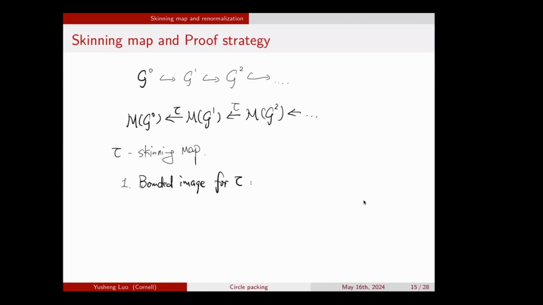In other words, there exists a universal number m such that if we look at tau to the n of the moduli space of G_n, with n greater or equal to m, the diameter of this with respect to the Teichmüller metric is bounded.